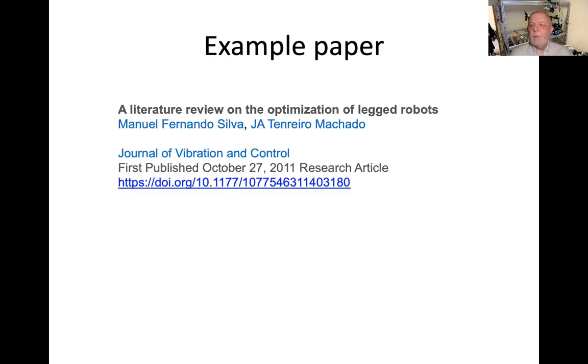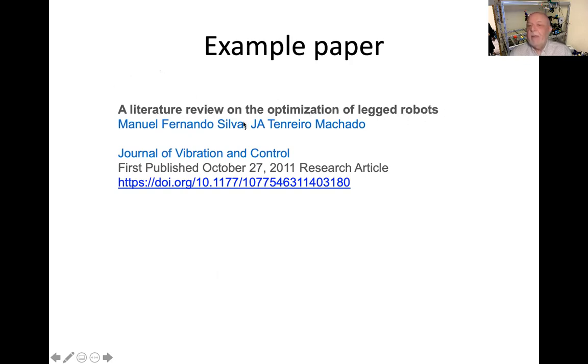Okay, let me give you a brief example, and we'll come back to this particular example a bit later on. This is a paper, and the important thing, which you'll want to keep an eye on when you start doing your own work, is that it talks about a literature review. You see here in the title, it says a literature review, in this particular case, optimization of legged robots.